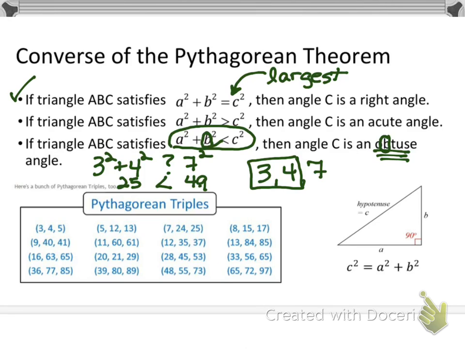Okay, what if I have a greater than? If I have a greater than, then the arrow, if you will, is pointing to the c. What letter is in acute? That would be c. So if you find that a squared plus b squared is greater than c squared, then the angle is acute.